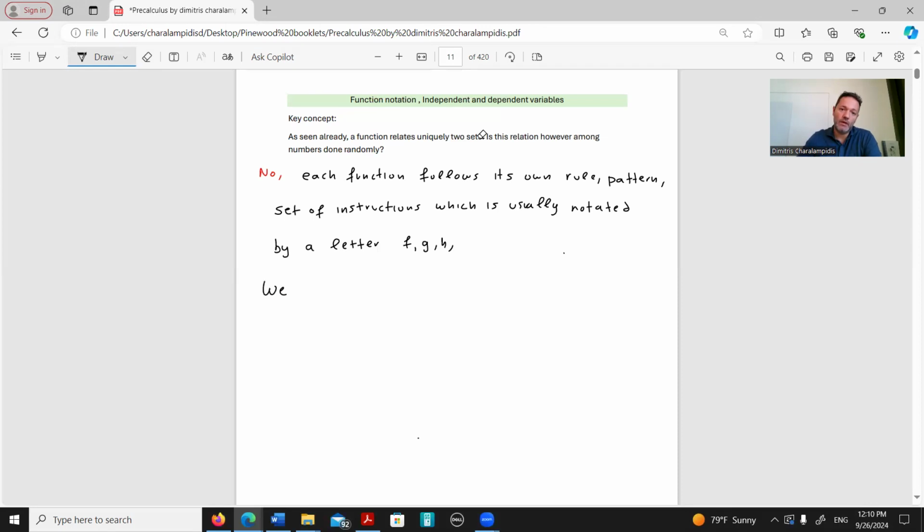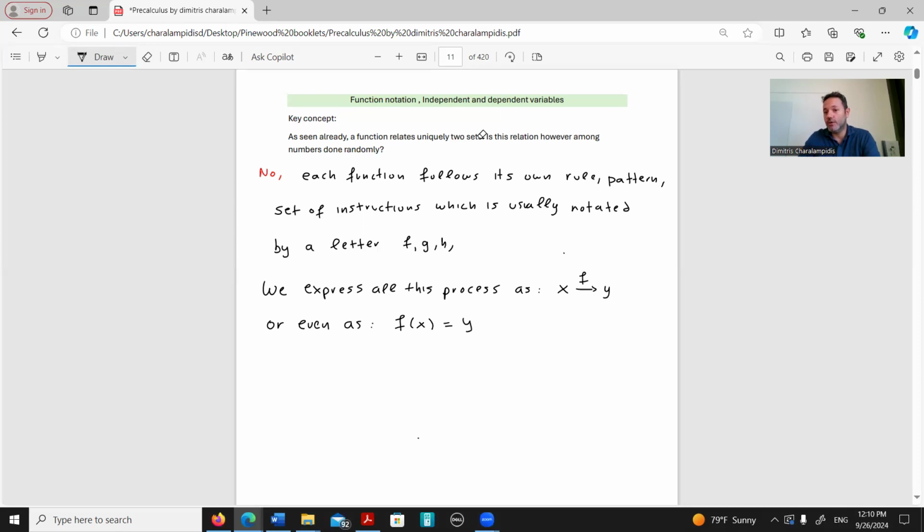We express all this process as from x to y through f, or even as f of x equals y.